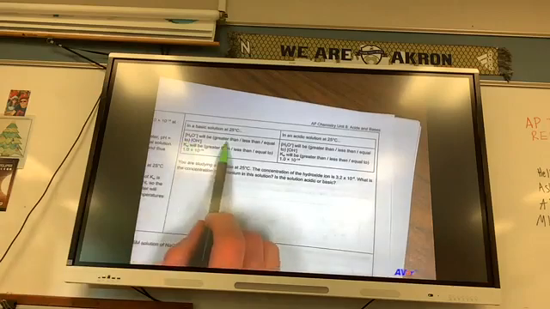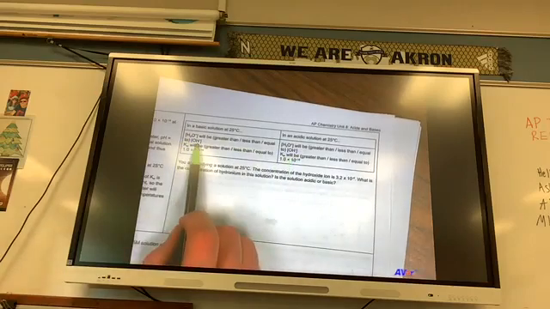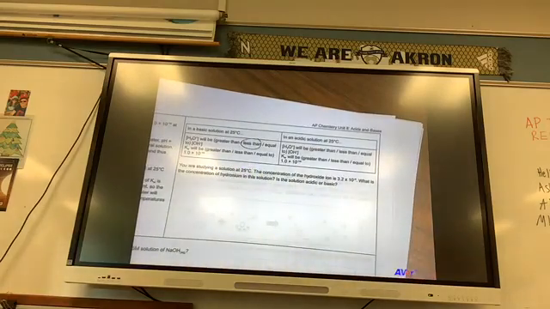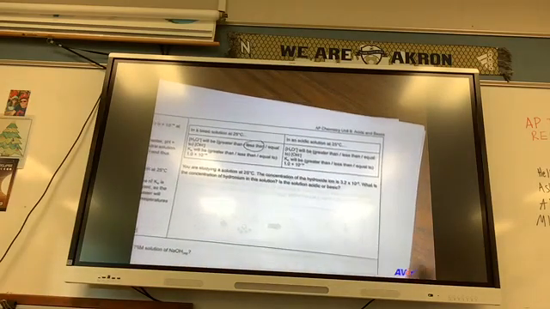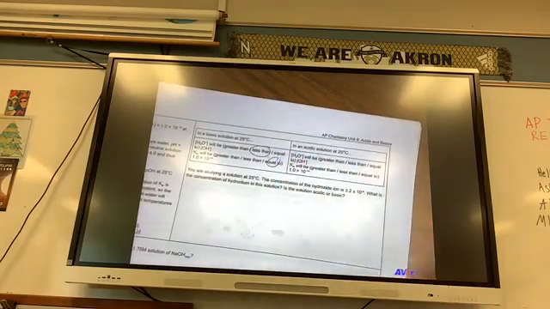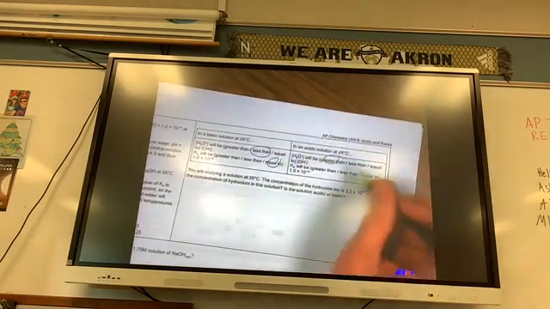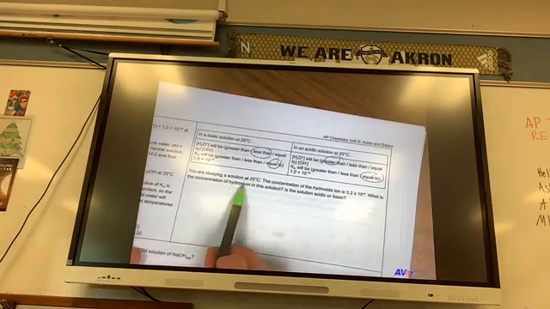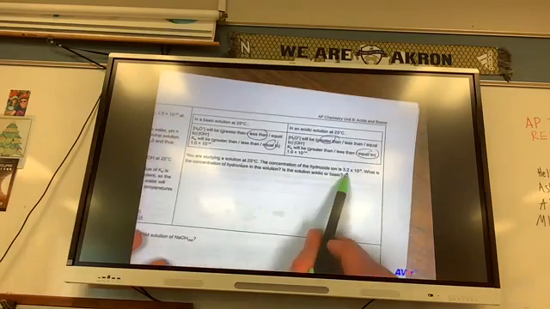In a basic solution, H3O+ will be greater than, less than, or equal to OH-? Less than. KW will be greater than, less than, or equal to 1 times 10 to the negative 14th? Still equal to. In an acidic solution, H3O+ will be greater than, and KW will still be equal to 1 times 10 to the negative 14th. You're studying a solution at 25 degrees Celsius. The concentration of hydroxide is 3.2 times 10 to the negative 4th.